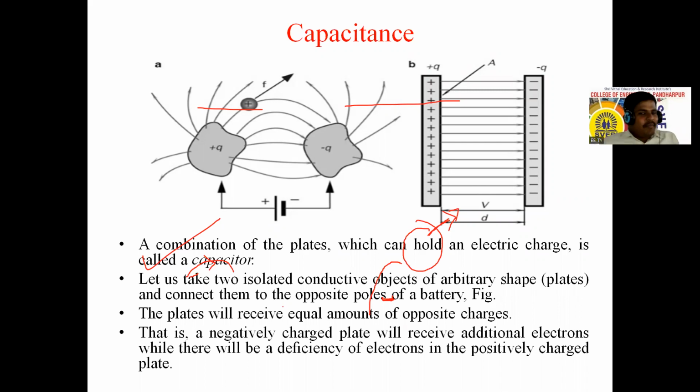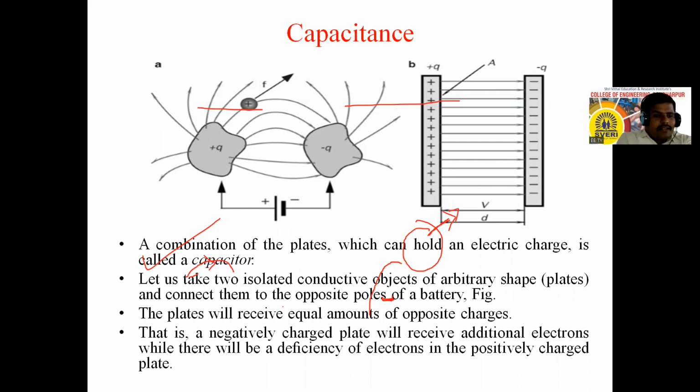In between those two charges there is some non-electric or isolating medium, and again there is charge transferring. So this is the concept of capacitance. One plate holds the positive charge, and another plate holds the negative charge.